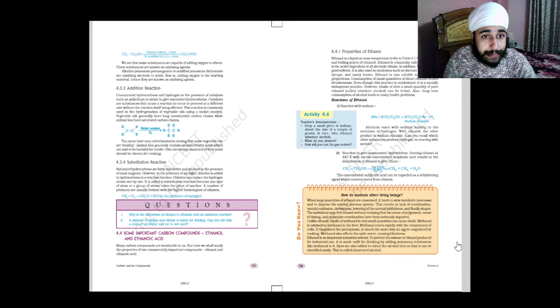Now, how does alcohol affect living beings? It slows down the metabolic processes and depresses the central nervous system. This results in lack of coordination, mental confusion, drowsiness, lowering of normal inhibitions, and finally stupor.